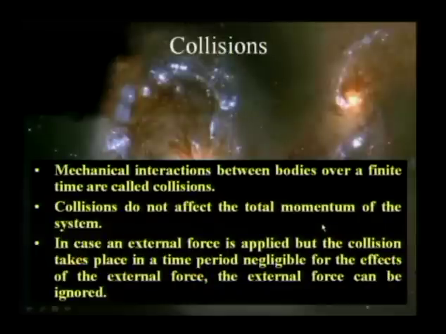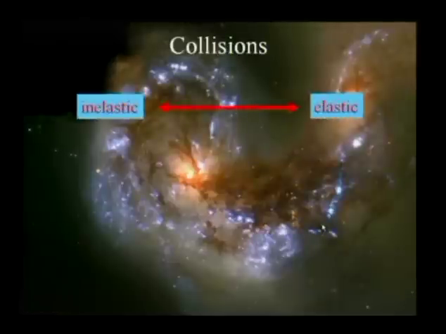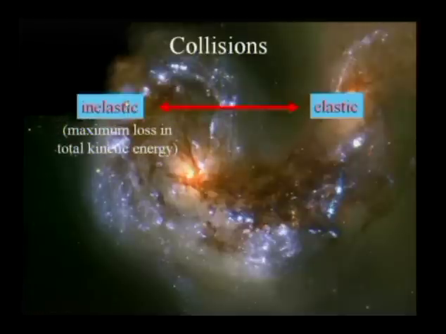system does not change. Now, depending on what happens with the total energy, we have an entire spectrum of collisions. On the ends, we have a collision which we refer to as an inelastic collision, in which we have maximum loss of total kinetic energy, and we can also have an elastic collision in which the total kinetic energy is conserved.